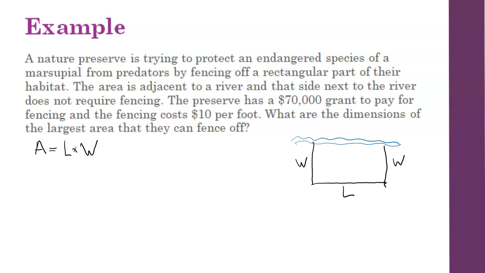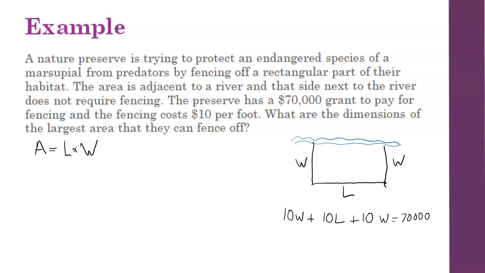So $10 for each foot of W plus $10 for each foot of L plus $10 for each foot of the other W, that can't be more than $70,000, right? And if I'm trying to find the largest area, I want to make sure I spend as much money as I can. So we're going to set this equal to $70,000, right? So that's our constraint.